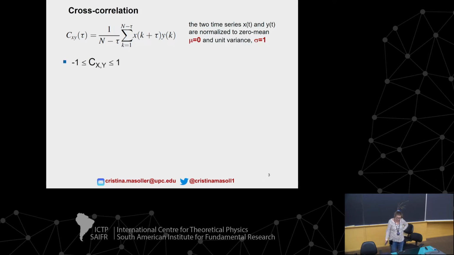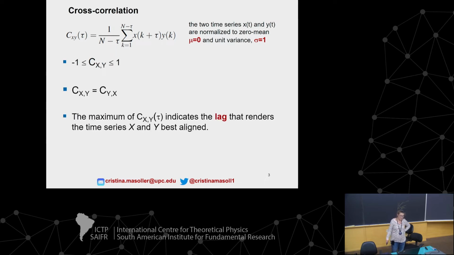The average of the product is a number between -1 and 1, is symmetric, and you can calculate it with a lag. This lag gives you information about how you have to move the two time series so they are best aligned. And the Pearson coefficient is defined as the absolute value computed at lag 0.